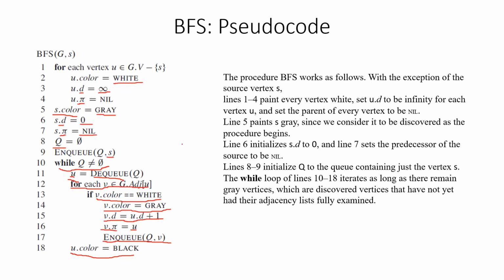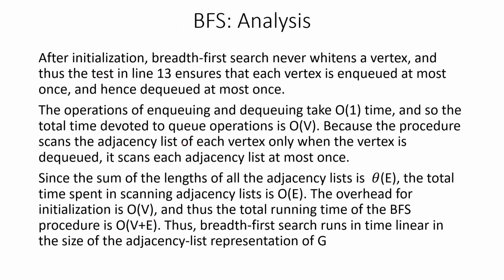Next, it's an analysis of the BFS. Here we talk about the time complexity of the BFS. After initialization, BFS never whitens a vertex, and thus line 13 ensures that each vertex is enqueued at most once, and hence dequeued at most once.